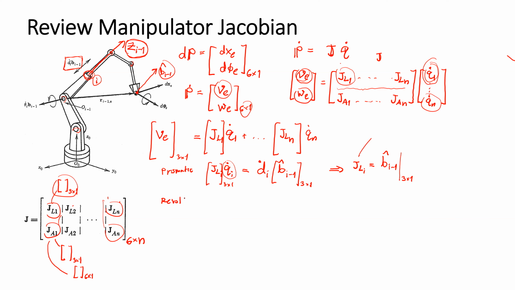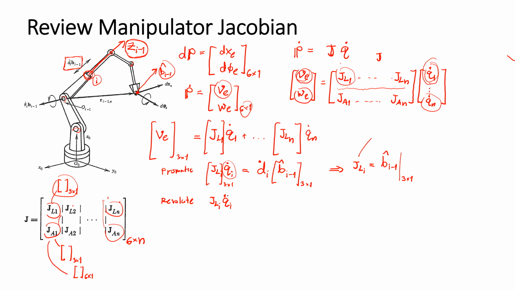If the joint is revolute, the linear velocity at the endpoint needs to be written as a function of the Jacobian multiplied by the joint speed.